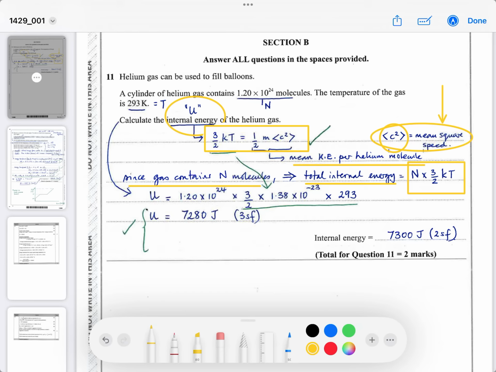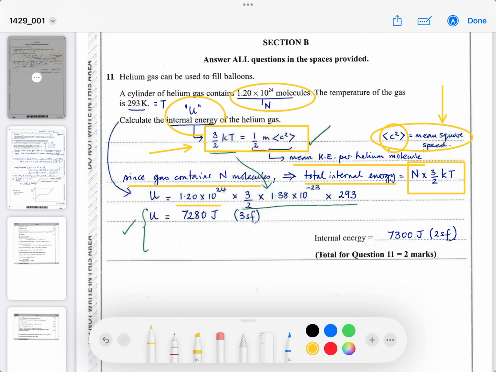So the left-hand side is equal to the average kinetic energy, 3/2 kT. And since we have N molecules and each one has the mean kinetic energy, you just need to multiply 3/2 kT by 1.2 times 10 to the 24.